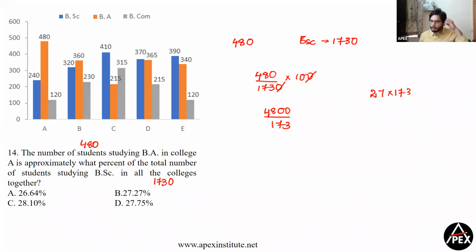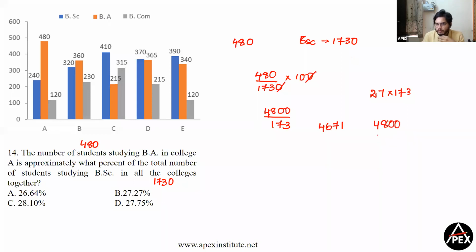What is 27 into 173? Can someone tell me that? What is the value of 27 into 173? Okay, 4671. And this is less than 4800, isn't it?